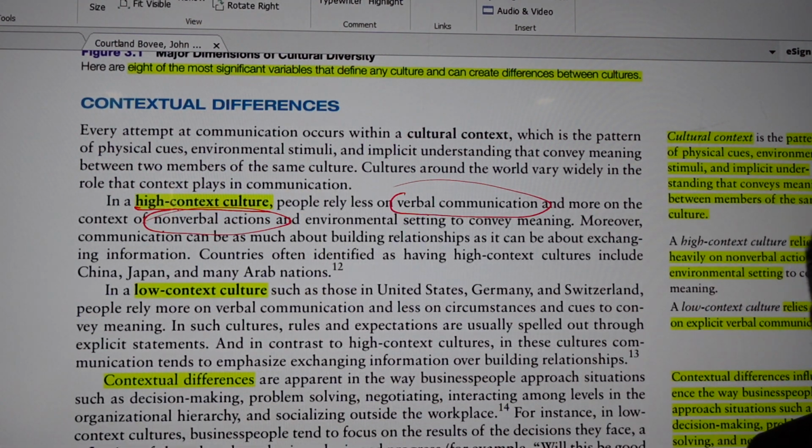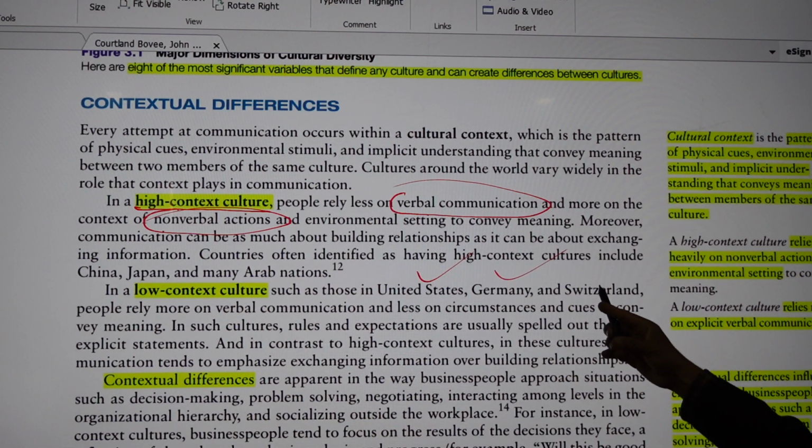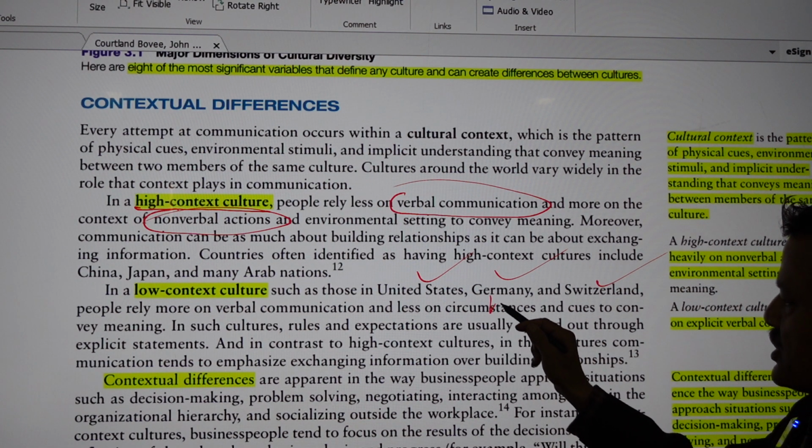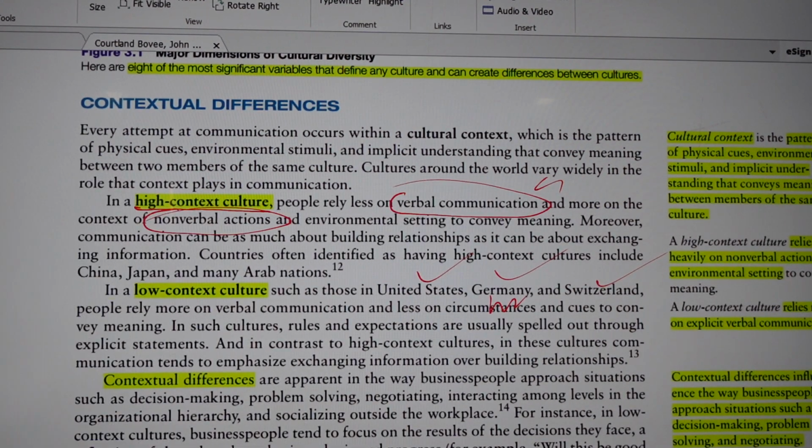Like Nepalese are more high context cultures. Saudis are high context cultures. Americans are low context cultures. In low context cultures like America, Germany, Switzerland, they use words to talk. Here we use gestures, right?